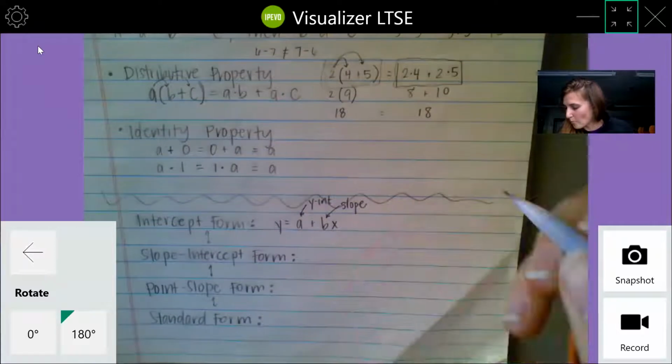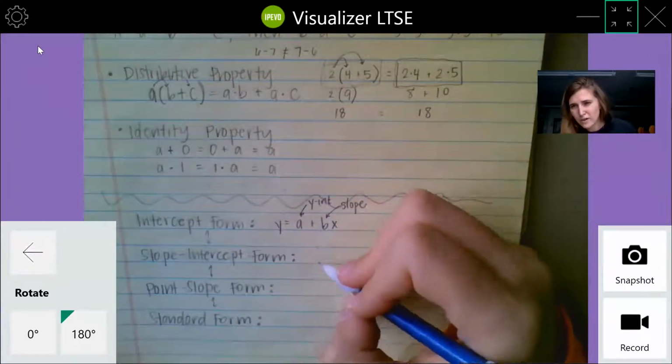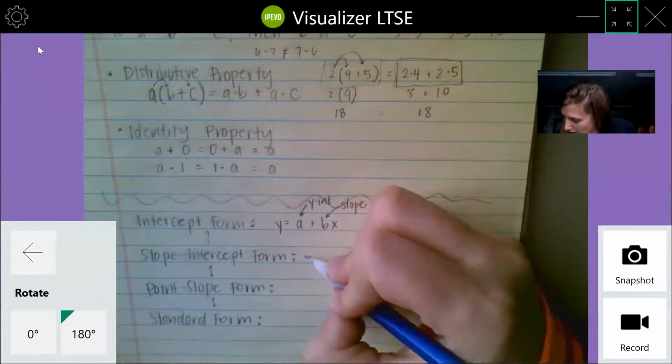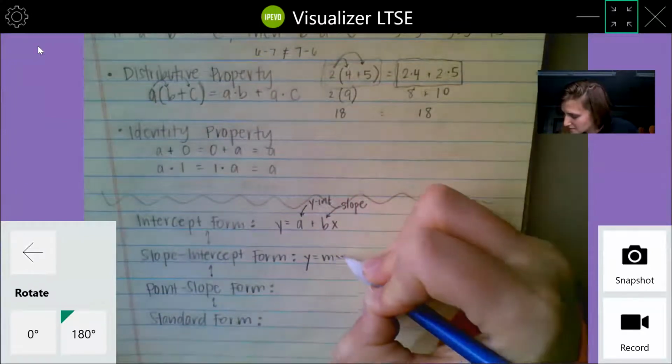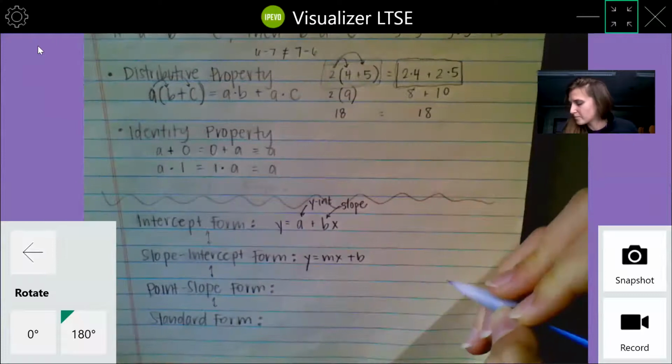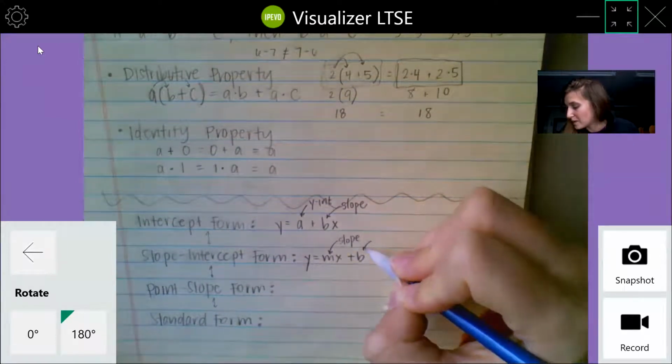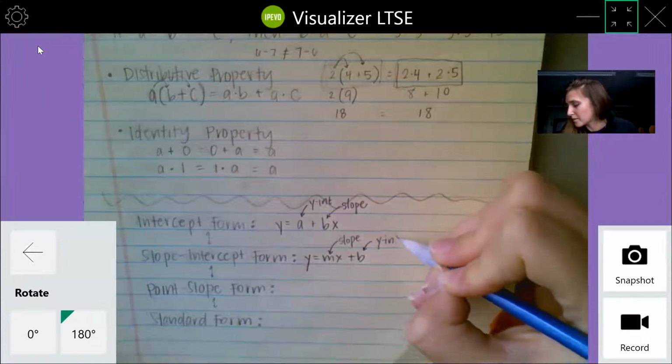Then we learned slope-intercept form, which is very similar, just kind of flip-flopped. So we have y equals mx plus b, where m this time is our slope and b is our y-intercept.